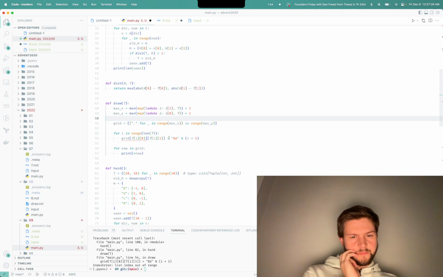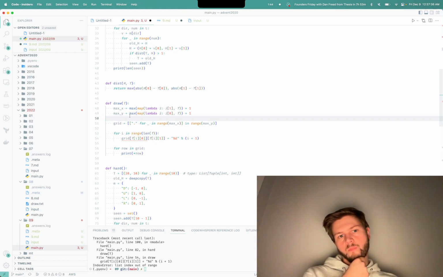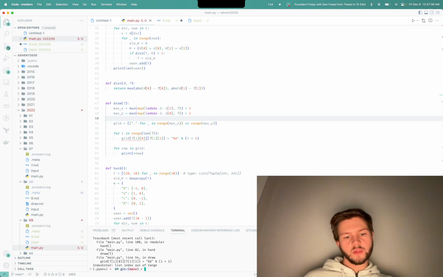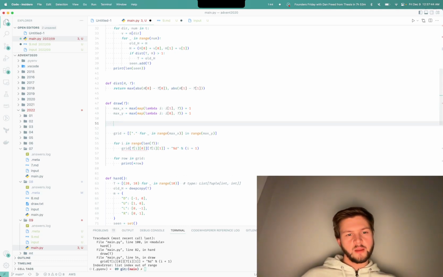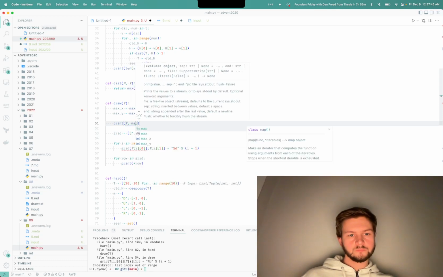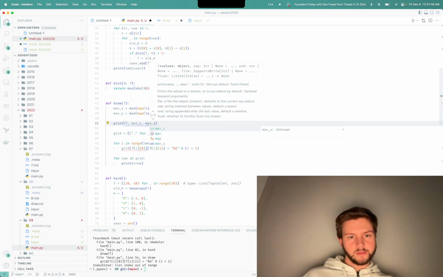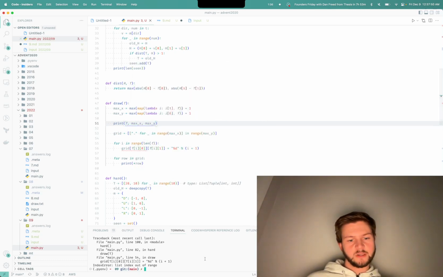Second index. Hmm. Okay. What's going on here?